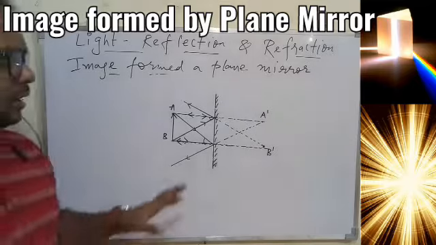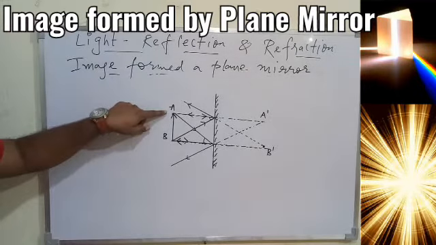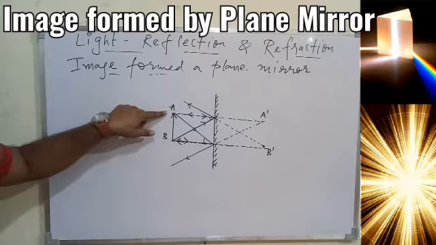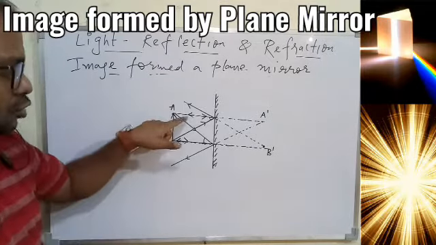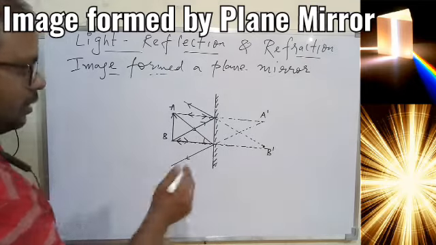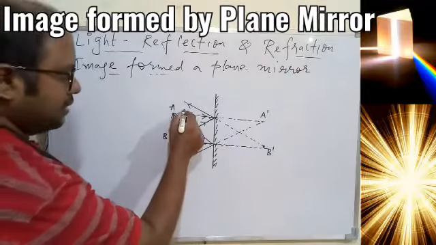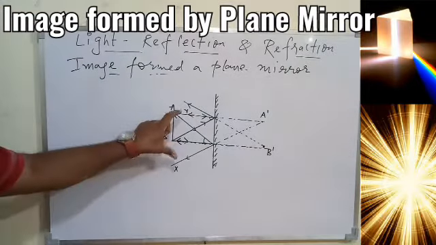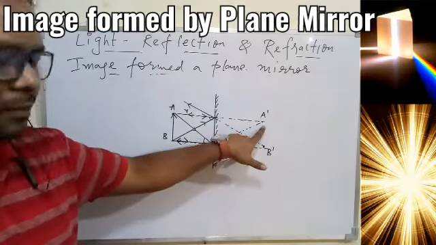So I hope you are able to understand what I did here. For point A, we tried to find two different rays of light, that is two rays reflected from the mirror. So we got the first ray, this one, and the second ray, this one. I can say this is ray X and ray Y, which are for the point A, which are diverging from each other, and they seem to meet at point A prime.